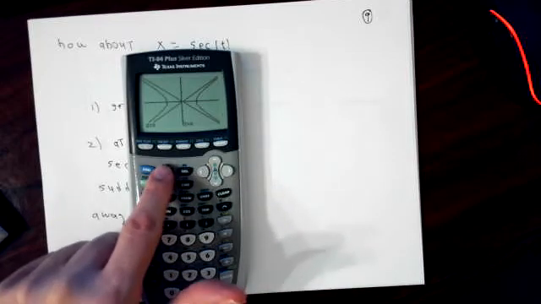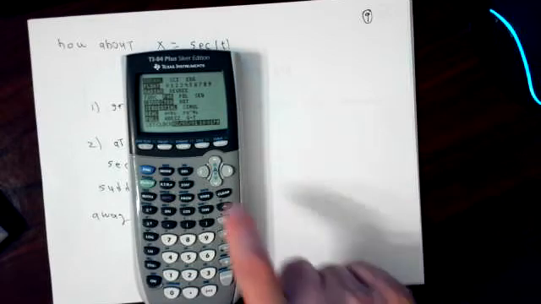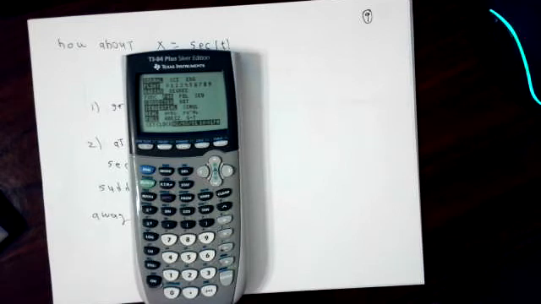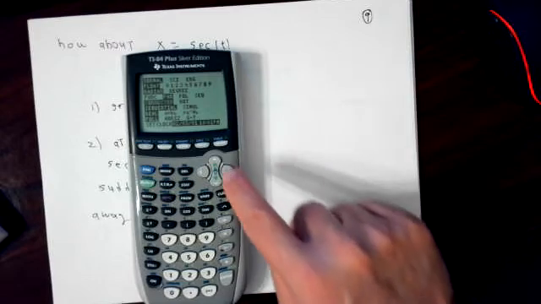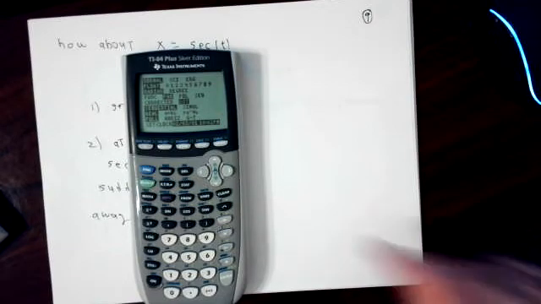If you press the mode button, you'll see a wide variety of options, including some plot options. The one that's activated is connected. When the calculator draws the graph, it plots a point, it plots the next point, and then it connects them with a straight line. You can do it that way, or you can go over into dot mode. This is going to plot all of the dots all right, but it isn't going to connect them with straight lines.